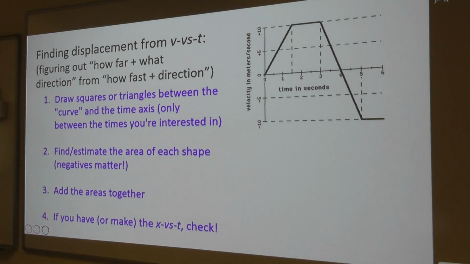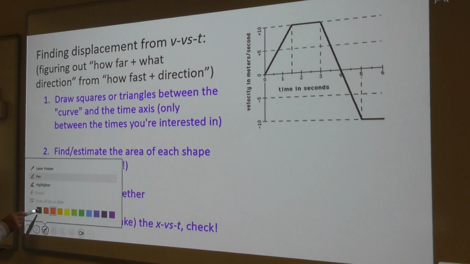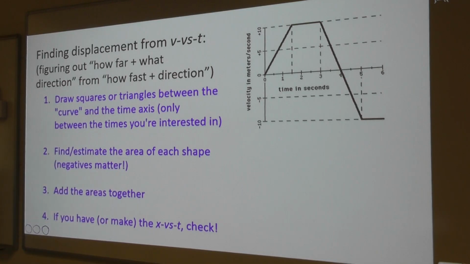Okay. So what it boils down to is this. When you have a velocity versus time graph, you're showing on the y-axis a speed, and on the x-axis an amount of time. And if you think about speed as distance over time, multiplying speed by time should give you some indication of distance, right?